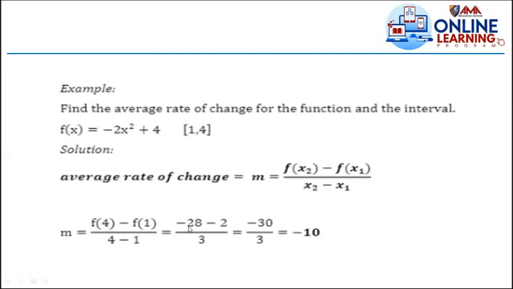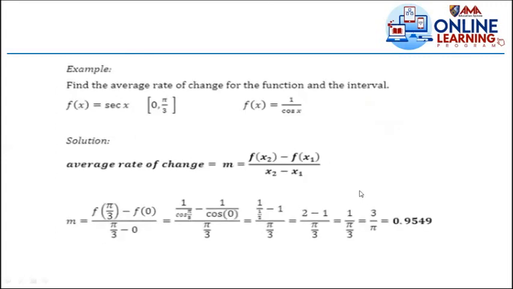Plus 4, that's how we got negative 28. Next, the function of x1 is equal to f(1). 1 squared is 1 times negative 2 is negative 2 plus 4. So the answer is 2. 4 minus 1 is equal to 3. So negative 28 minus 2, the answer is negative 30 all over 3, which is equivalent to negative 10. So that is your m, the slope of the second line. Okay? Next, we have another example.